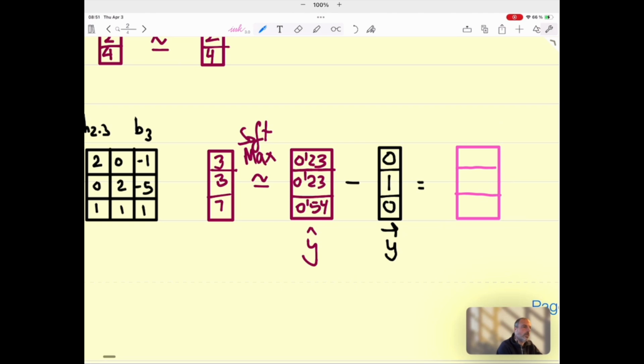Okay, 0.23 minus 0, 0.23. 0.23 minus 1 is minus 0.77. And 0.54 minus 0 is 0.54. All right. So this is what we call the error of the layer 3.